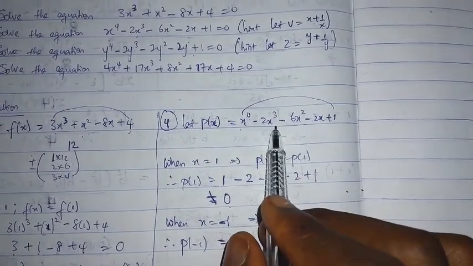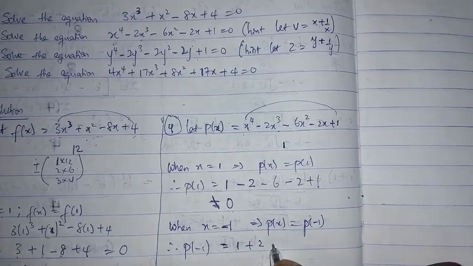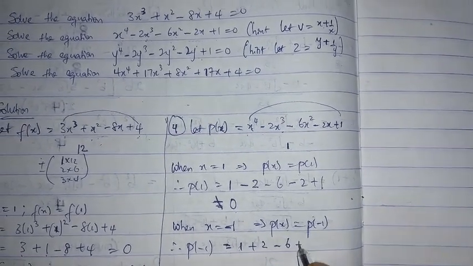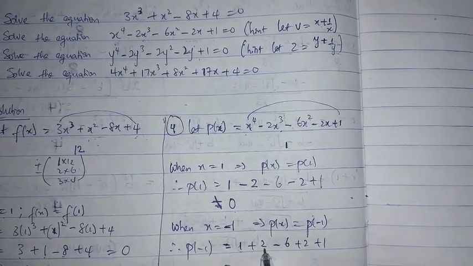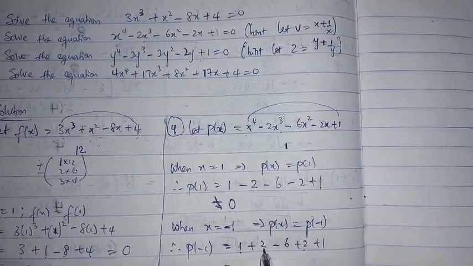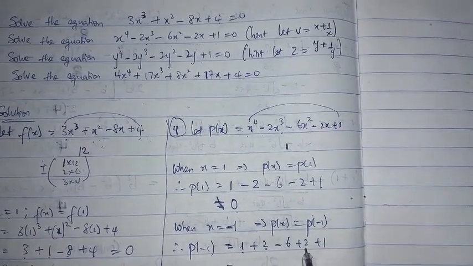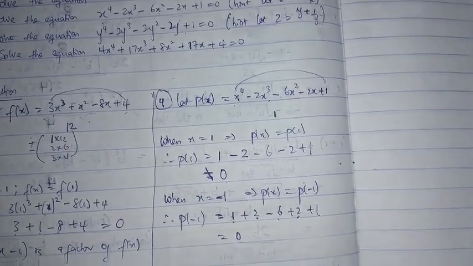If I put minus 1 here, it remains minus 1 times minus 2, that's plus 2. This is minus 6 plus 2, then plus 1. So let's see. 1 plus 1 is 2, 2 plus 2 is 4, 1 plus 2 is 3, 2 plus 3 plus 2 is 5, 5 plus 1 is 6, 6 minus 6 is 0. So p of minus 1 gave us 0.